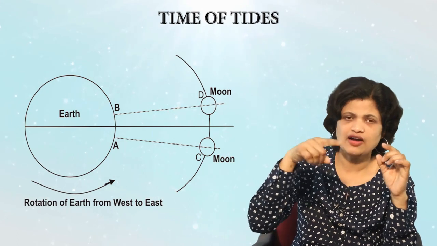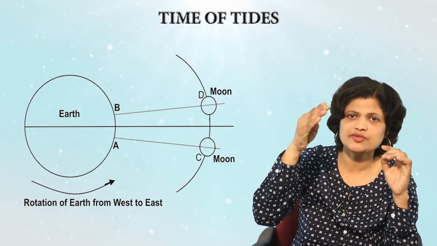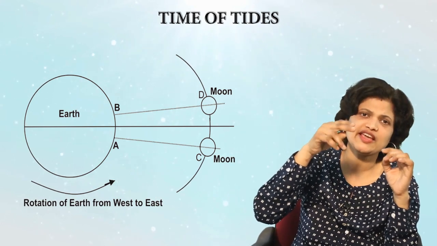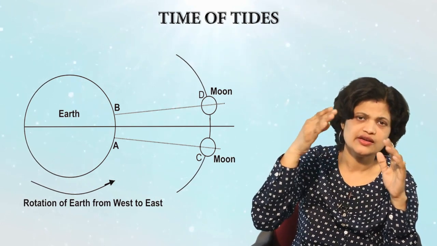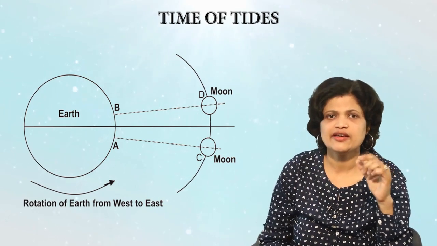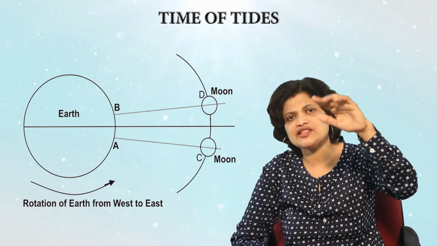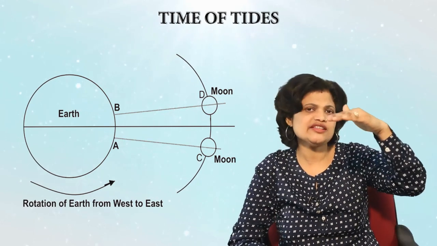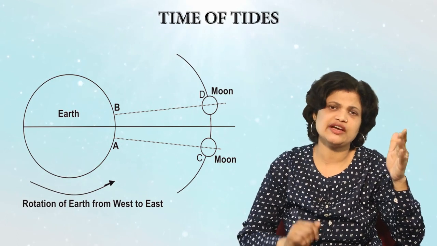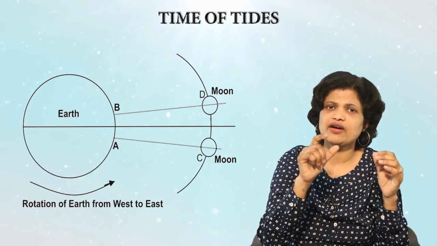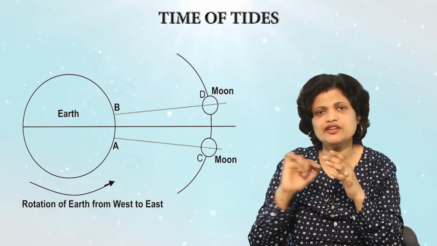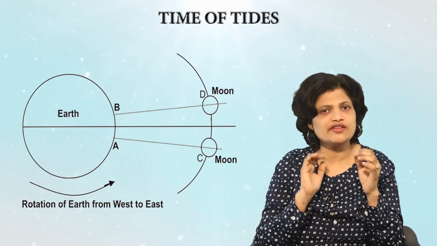So after 24 hours 50 minutes, place A will come directly under the moon, and then it will experience high tide. But it will experience the second high tide when it is exactly on the opposite side of the earth, that is only after 12 hours 25 minutes. 24 hours 50 minutes, you divide it by 2, it is 12 hours 25 minutes.